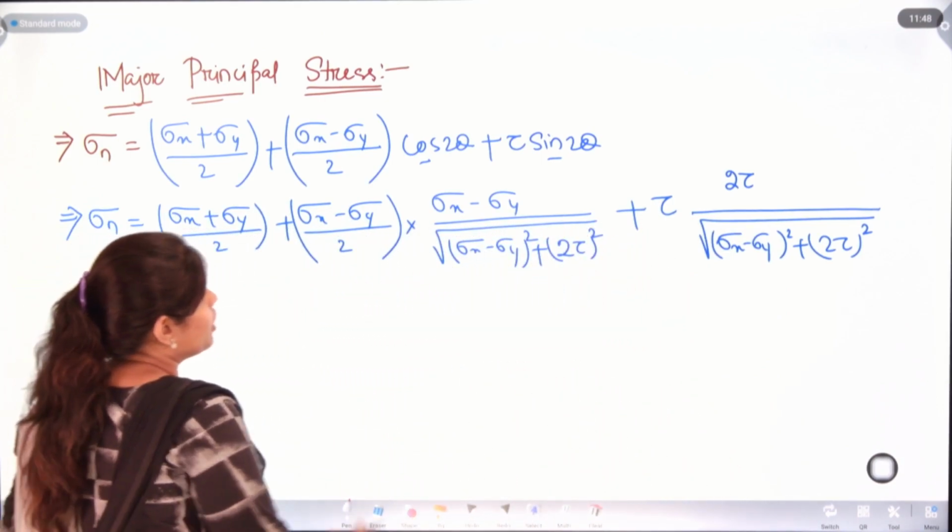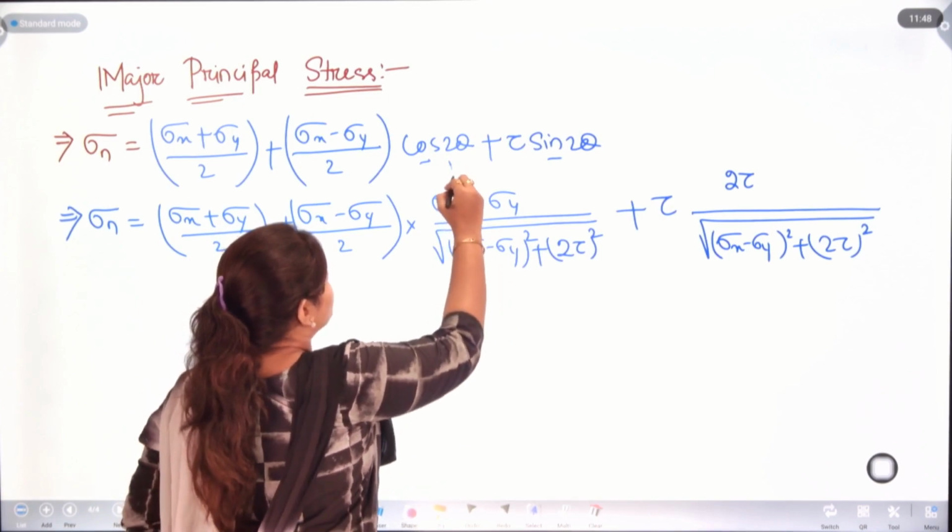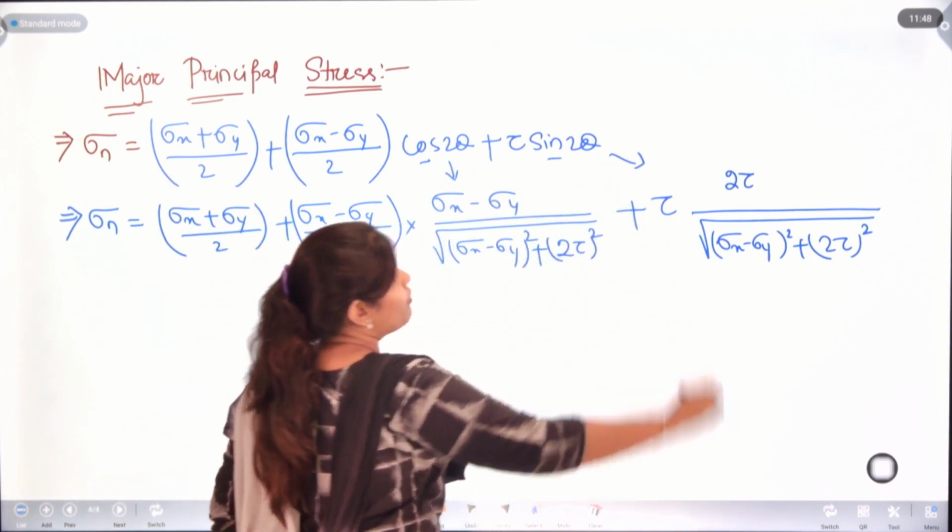We have not done anything, we have just put in the cos 2 theta and sin 2 theta values.